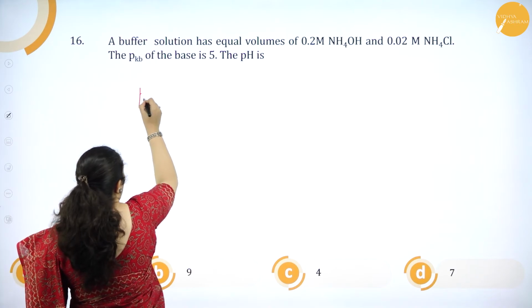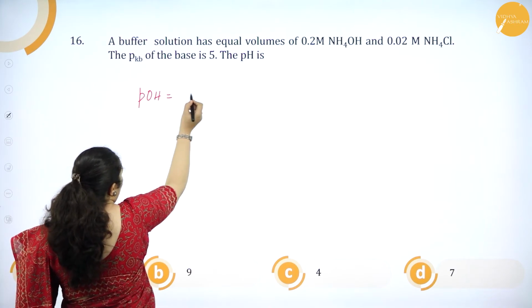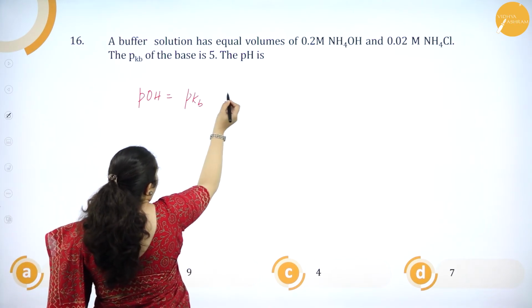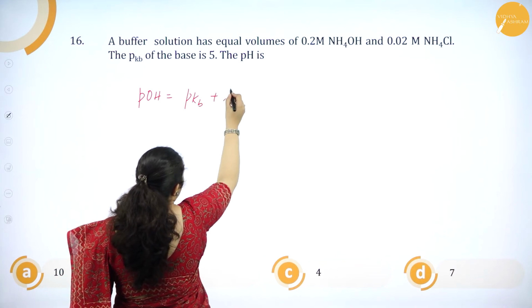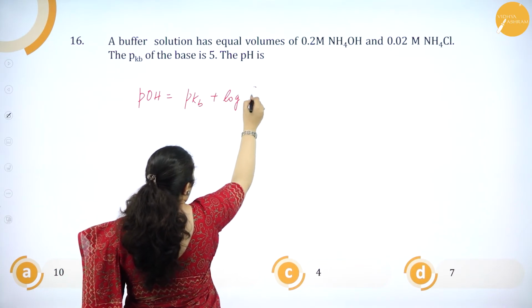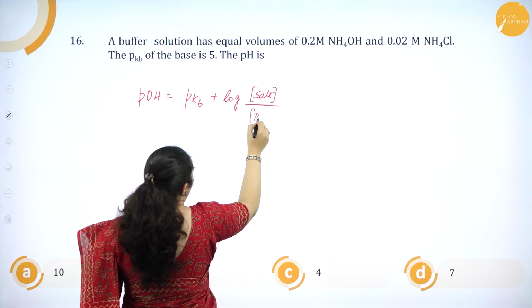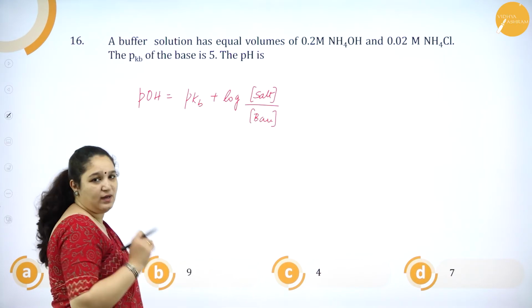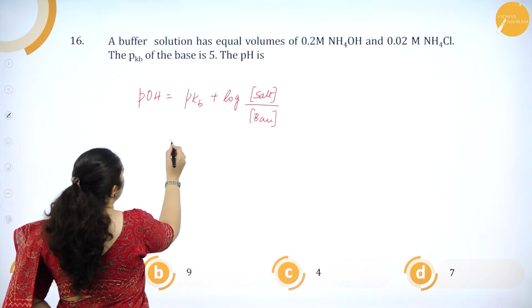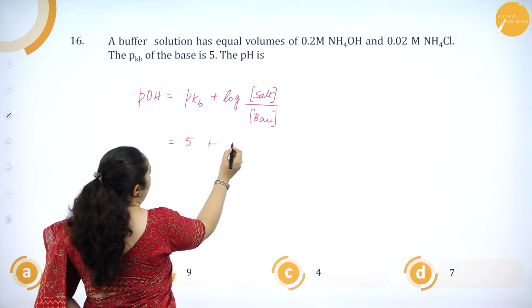Okay, so here pOH is equal to pKb plus log of salt by the base, correct? So here what is pKb? It is given 5.